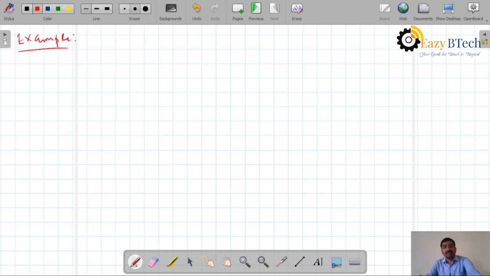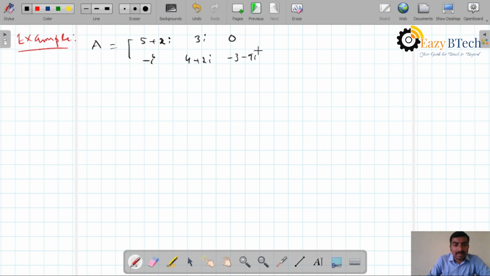Suppose, for example, A equals the matrix with rows (5 plus 2i, 3i, 0) and (minus i, 4 plus 2i, minus 3 minus 9i).